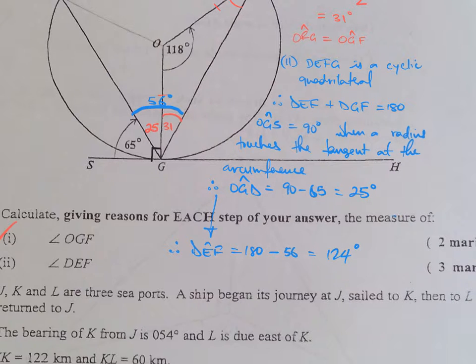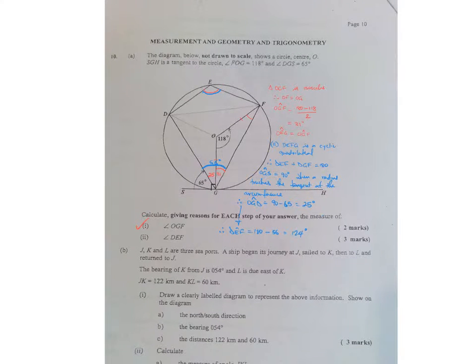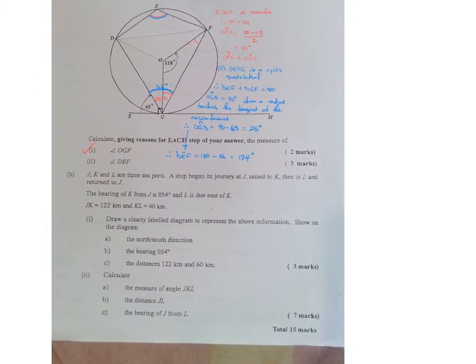Right, so that's it, 3 marks in the bag. Even though I think this is worth more, about 4 marks, but they're stingy with the marks. All right, cool, so that's done. Hope that was pretty straightforward for you. Let's move on to part B of the question now.